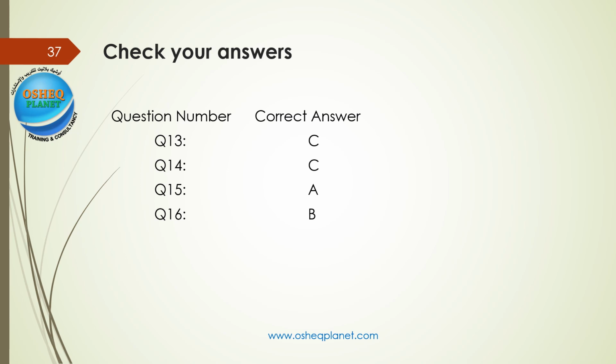So, the correct answer is number C. Question 15. Employers must keep noise exposure measurements for 2 years. The correct answer is A. Question 16. The correct answer is B, or 140 decibel. Exposure to impulsive or impact noise should not exceed 140 decibel peak sound pressure level.